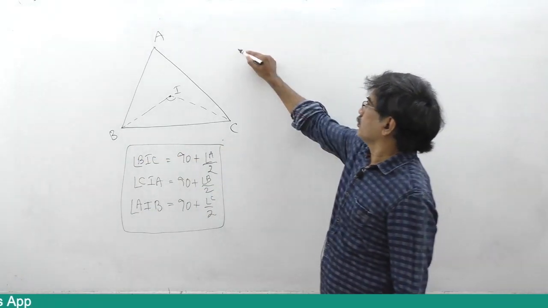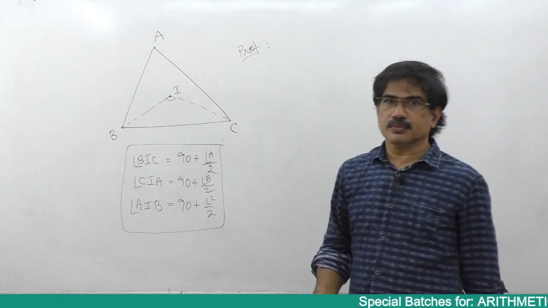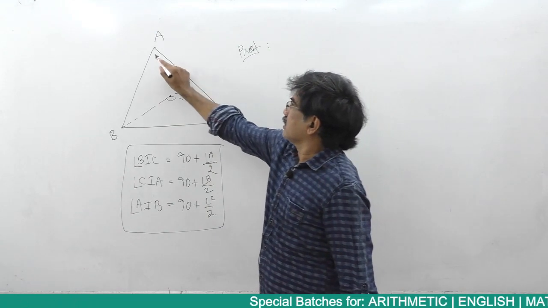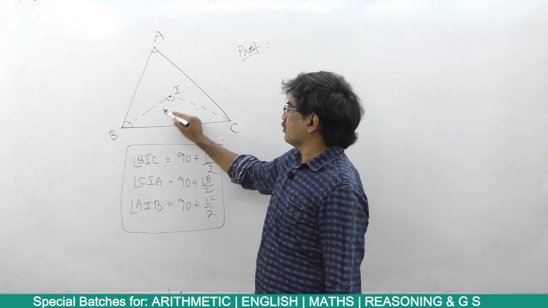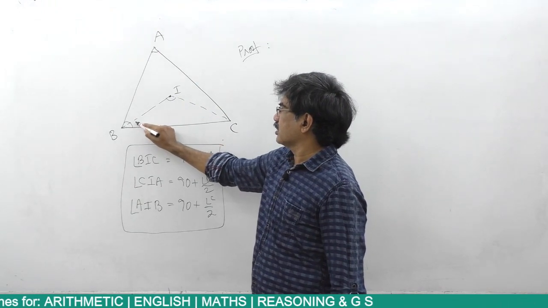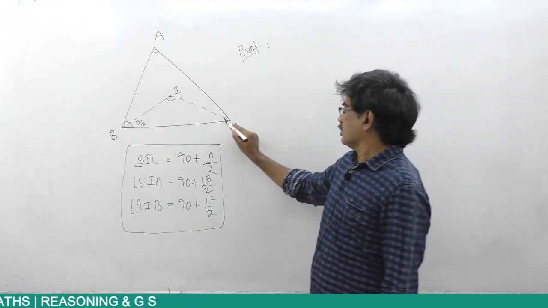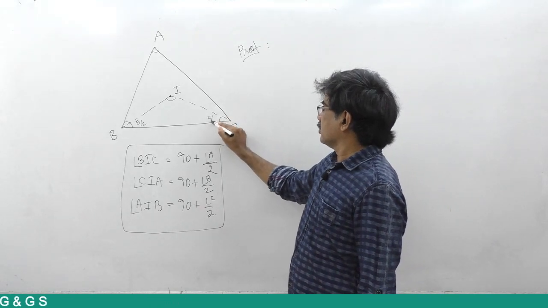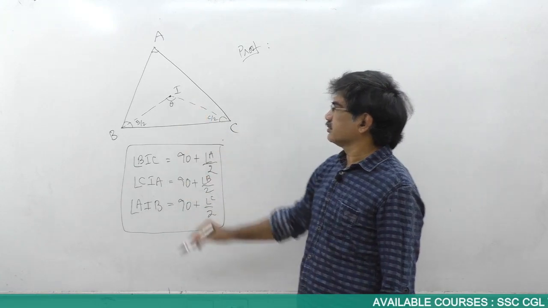So how to prove? If this is angle A, this is angle B, and this is the angular bisector, therefore this angle is B by 2. This angle is C by 2. Then what is this angle? Theta.